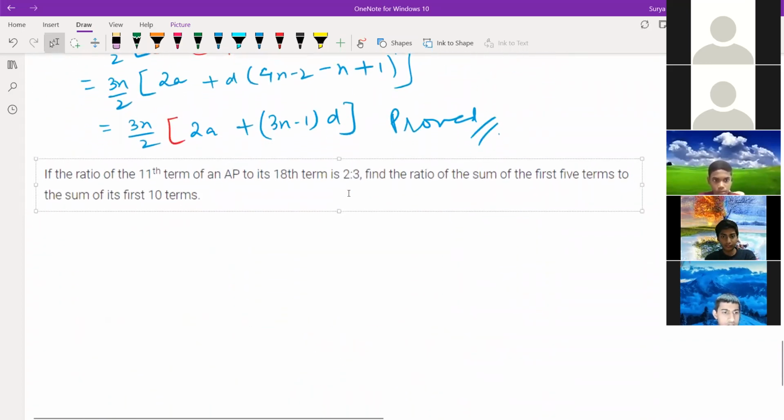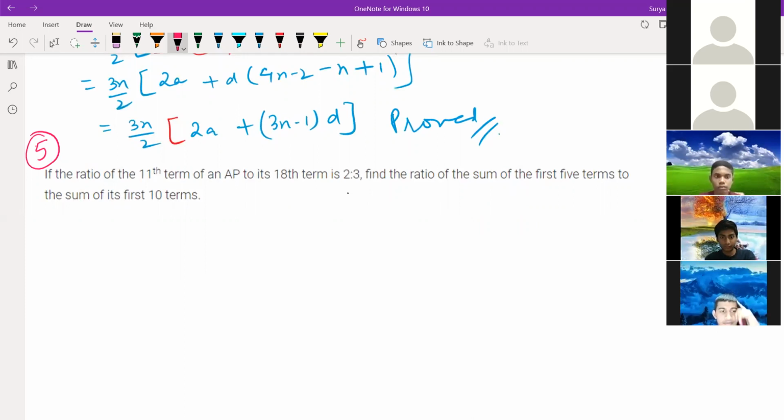Fifth one now. Fifth question you can just see now. Fifth question is, if the ratio of the 11th term of an AP to the 18th term is 2:3, 11th term means A11 divided by A18 is equal to 2/3.